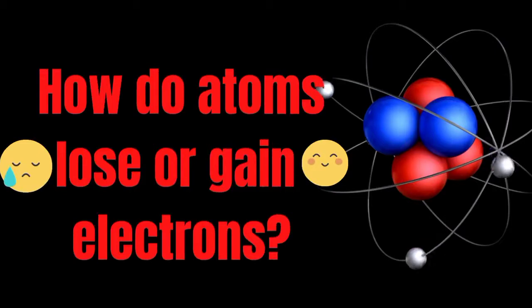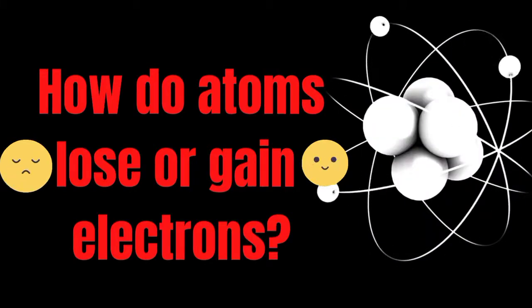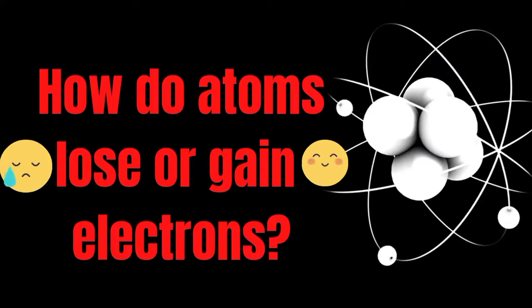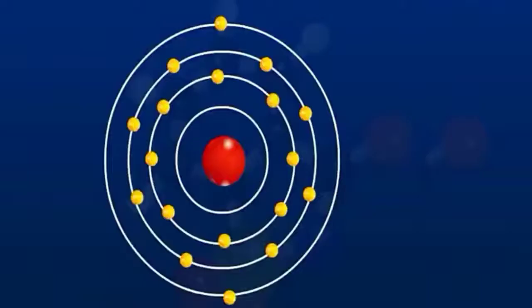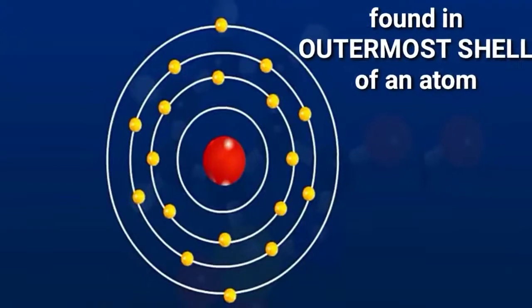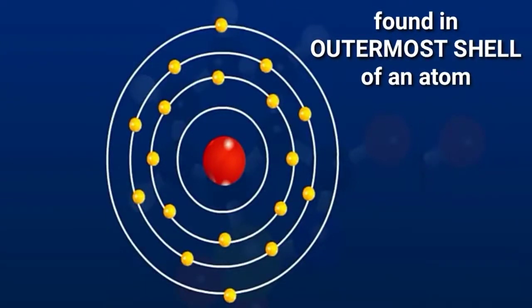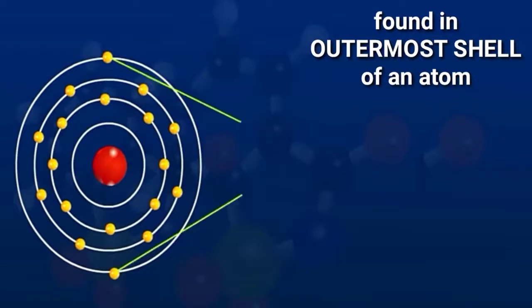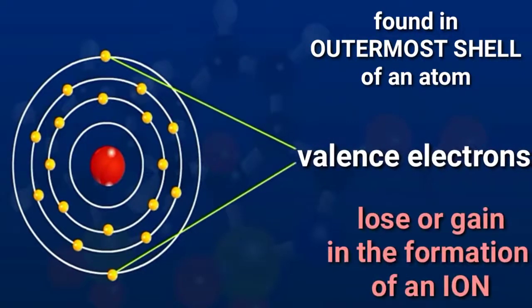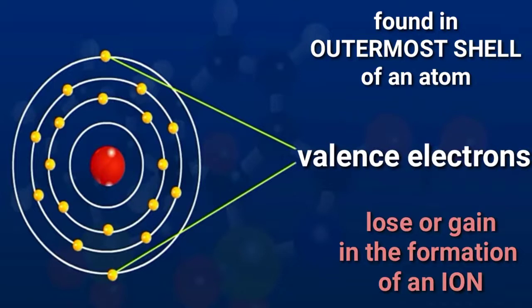How do atoms lose or gain electrons? In an atom, electrons orbit around a nucleus. The valence electrons are the electrons found in the outermost shell of an atom. These are the electrons that are lost or gained in the process of forming ions.